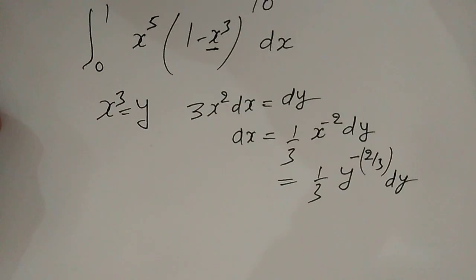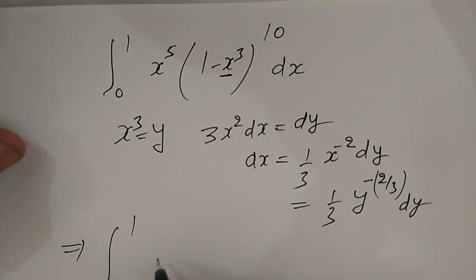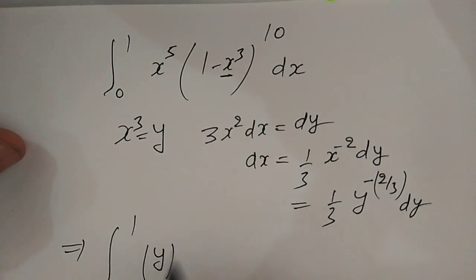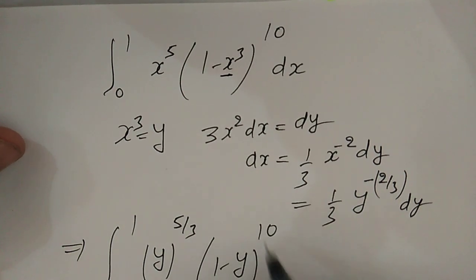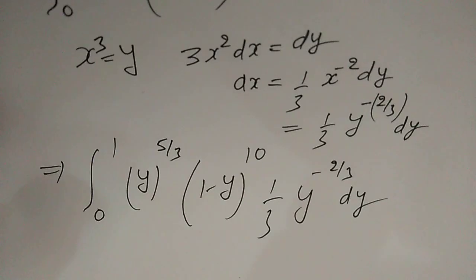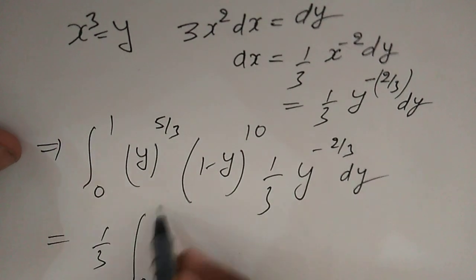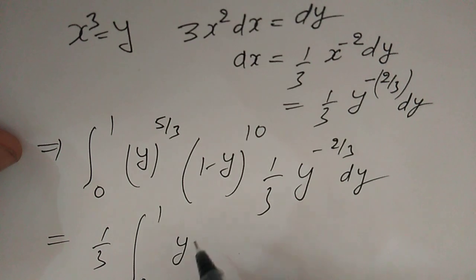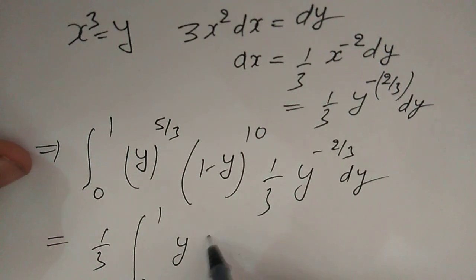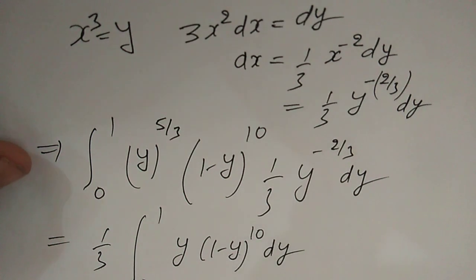Fine. Now the limits will be the same, so we have 0 to 1, x to the power 5 becomes y to the power 5 by 3, times (1 minus y) to the power 10, and 1 by 3 y to the power minus 2 by 3 dy. So this will be 1 by 3 integral 0 to 1 of y times (1 minus y) to the power 10 dy.